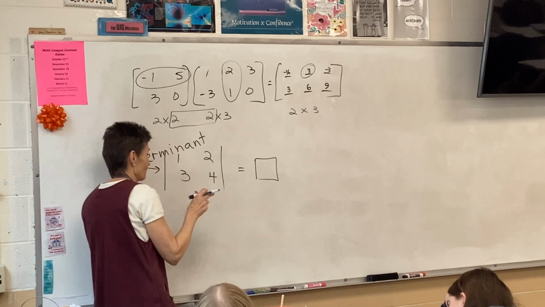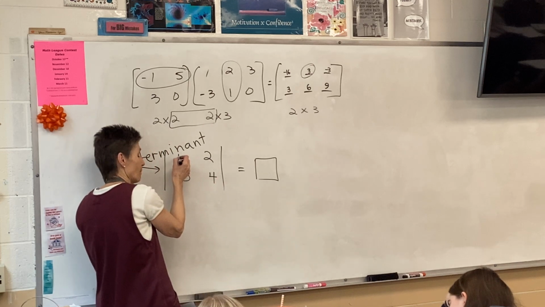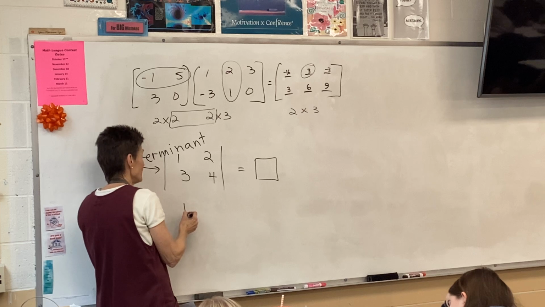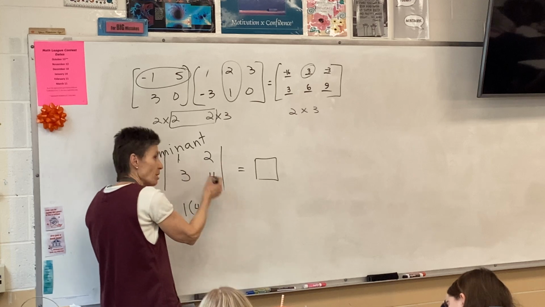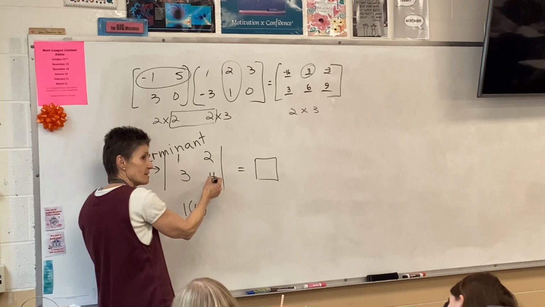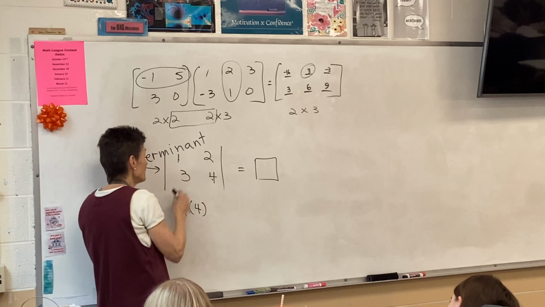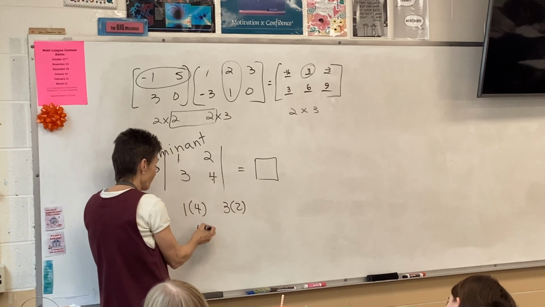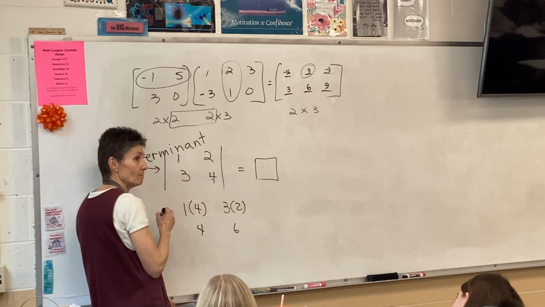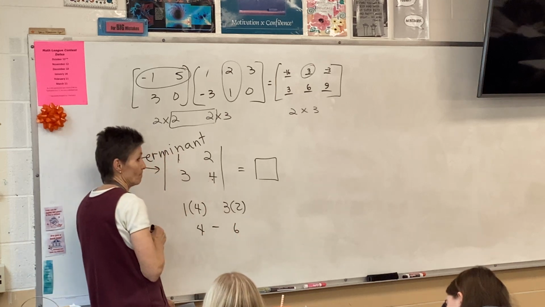Here's the right order. Start right here. First number. 1 times 4. Multiply these. It's kind of like cross multiply. Multiply these. Then multiply these. So I have a 4 and a 6. Would you agree? Now subtract them.